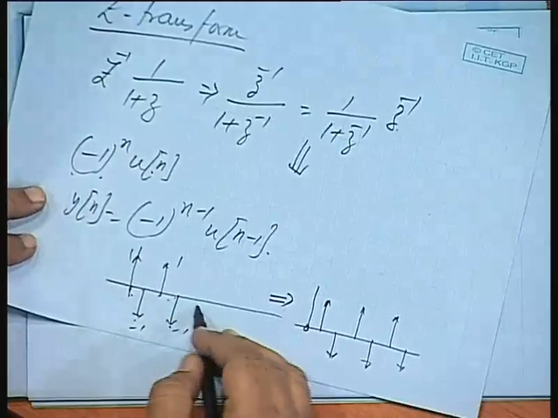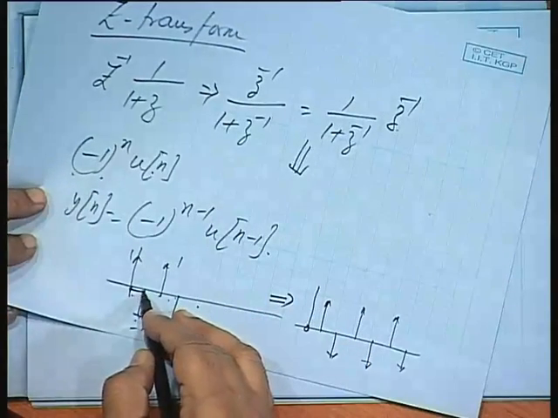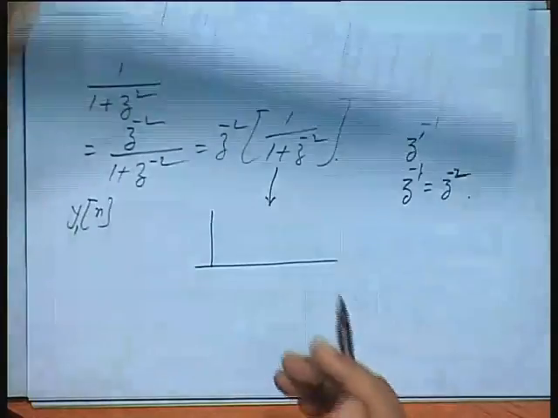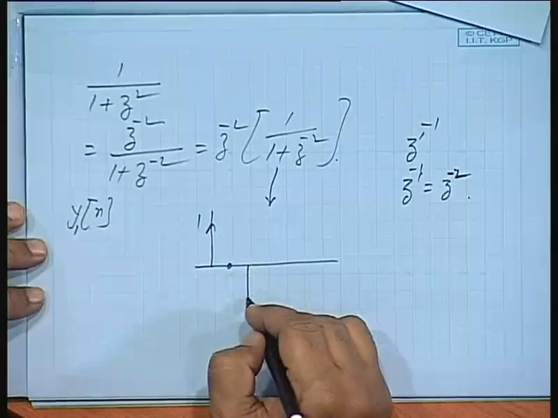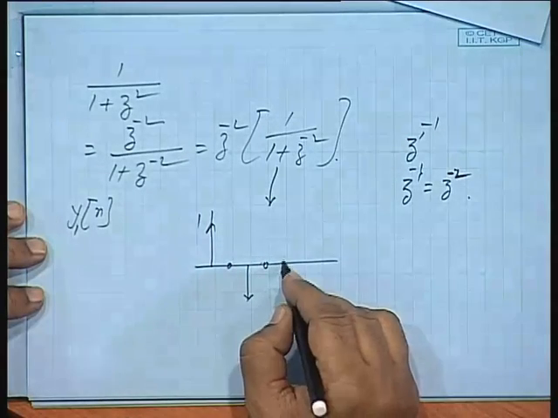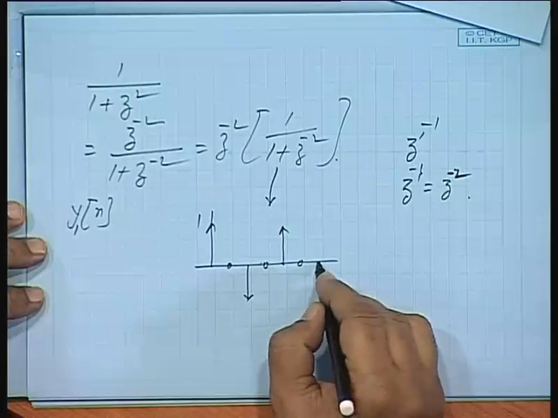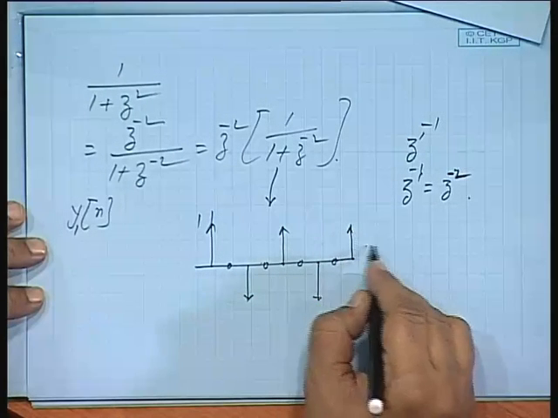So, the same pattern will be followed with a gap of 2. This gap is now 2 sampling times. So, I will have 1, this is 1 unit, and so on.